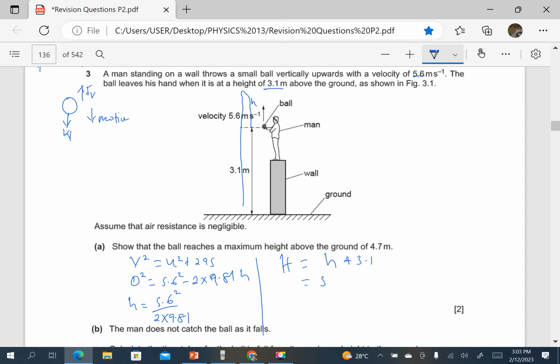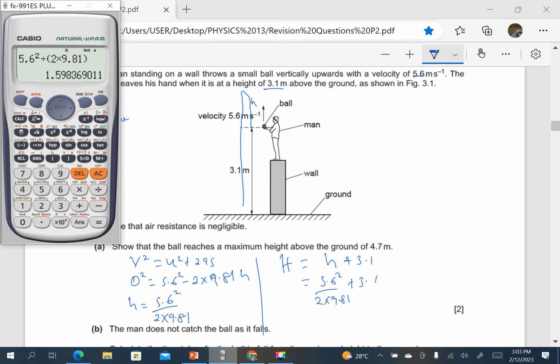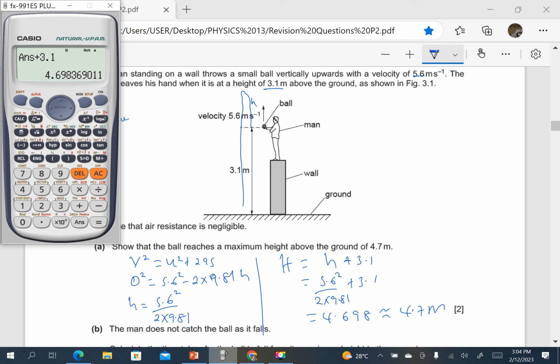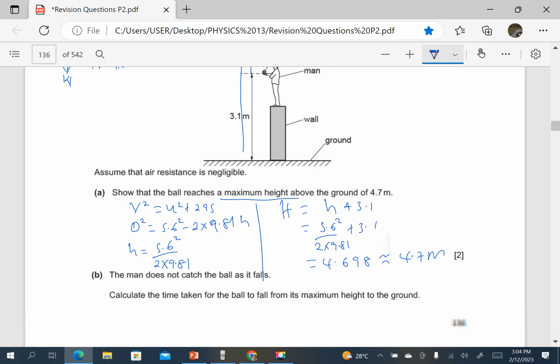So this would be 5.6 squared over 2 times 9.81, plus 3.1, which gives me 4.6983. So this is 4.698, which is approximately 4.7 meters. So that is the maximum height above the ground.